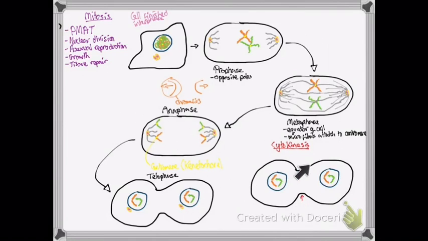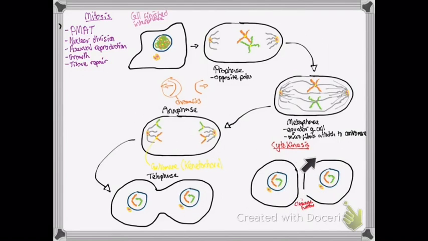It is the splitting of cells, so the splitting of the cell membrane into two new cells. So mitosis is the splitting of a nucleus, and cytokinesis is the splitting of two cells. Let's just run through how cytokinesis works. So we get this cleavage furrow, and that will keep extending here.